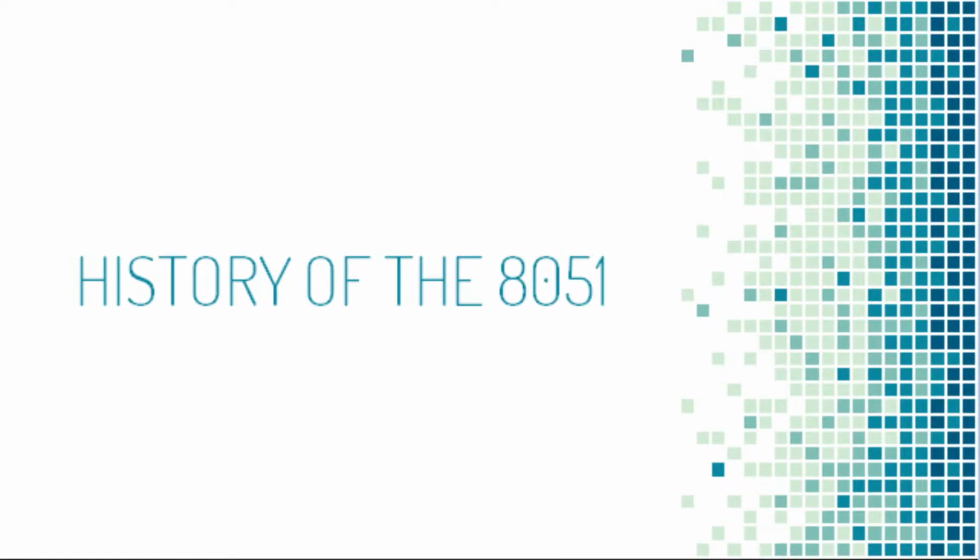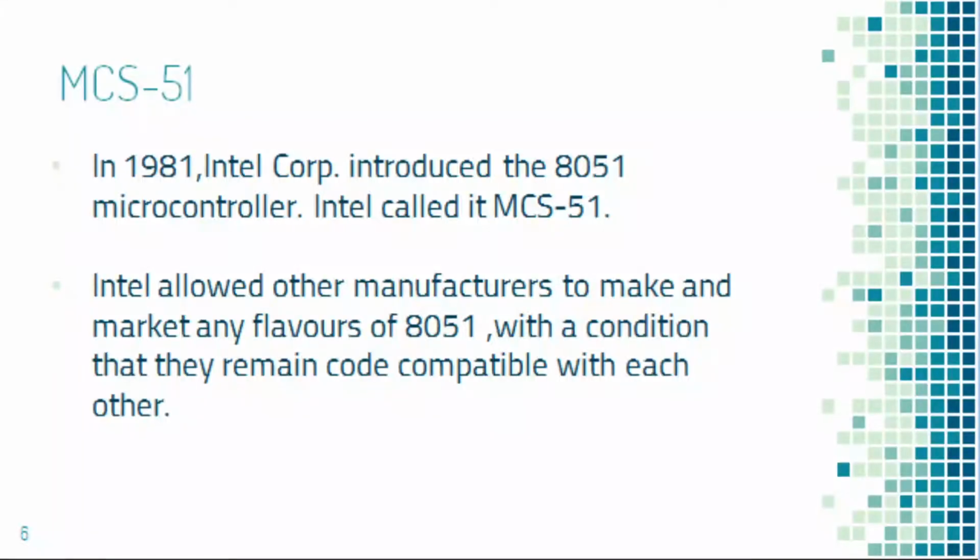Let's have a look at the history of the 8051. It was in 1981 that the 8051 was first introduced by the Intel Corporation. Intel called it MCS51. Later, Intel allowed other manufacturers to make and market the 8051 with a condition that these microcontrollers made by different manufacturers should be code compatible with each other.